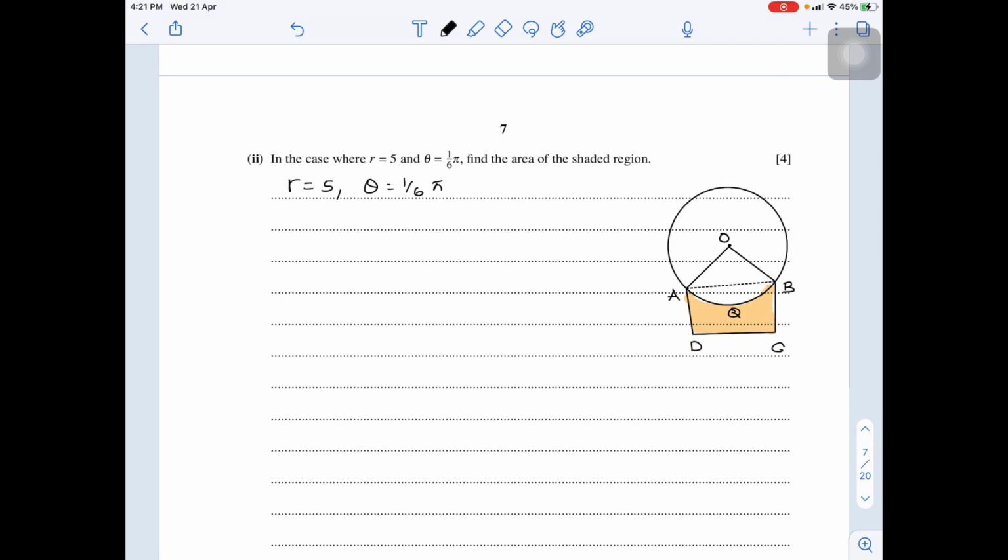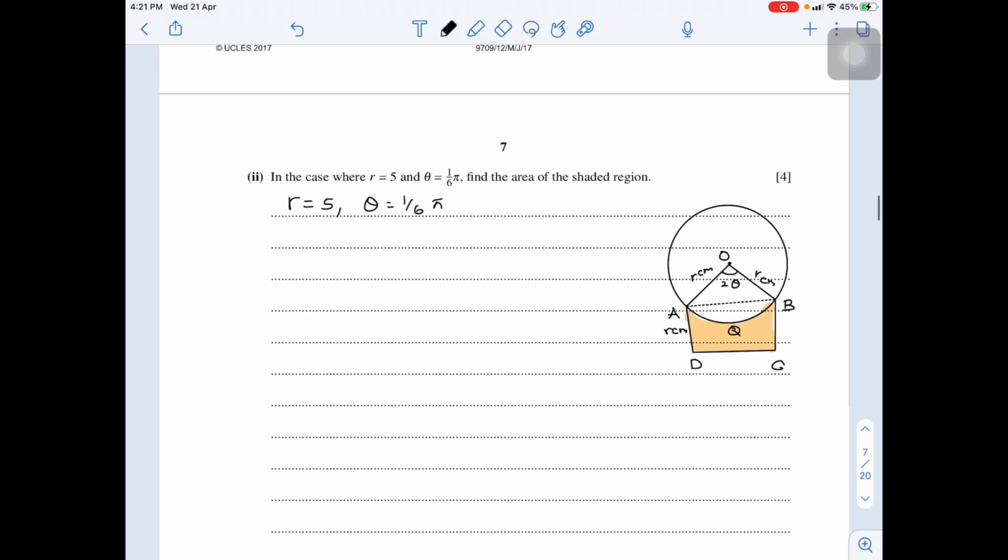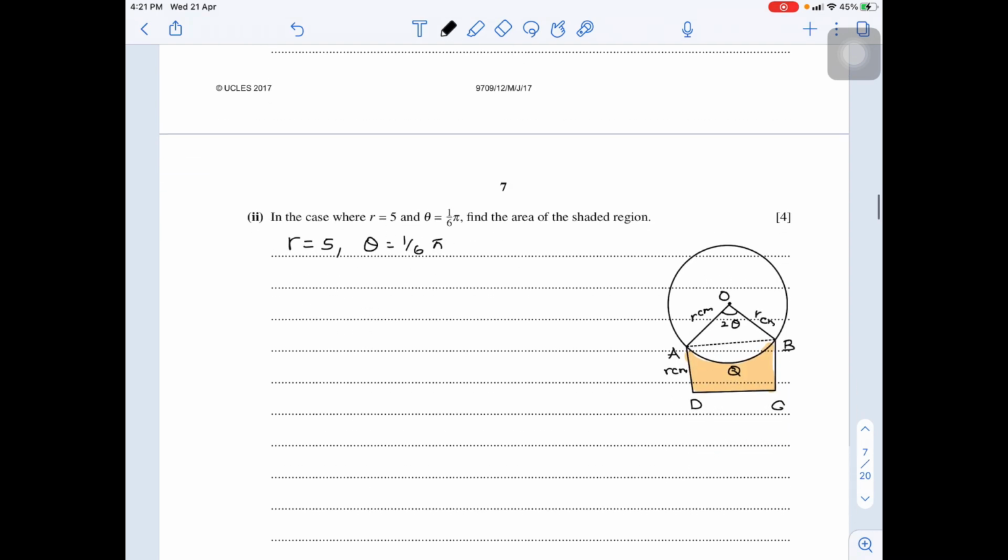That's Q, let me say that's Q, that's A, that's B, that's O, that's D, that's C. All right, that angle is 2 theta, that radius is r, that's also r centimeters. And that is also r. All right, let's try it now.